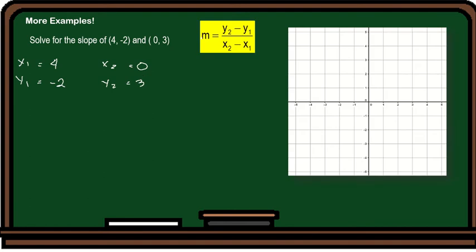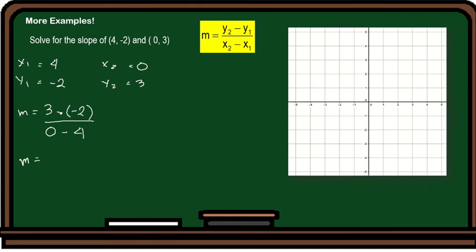So let's first use this formula. So m is equal to y sub 2, which is 3, minus y sub 1, which is negative 2, over x sub 2, which is 0, minus 4. So again, KCC tayo.